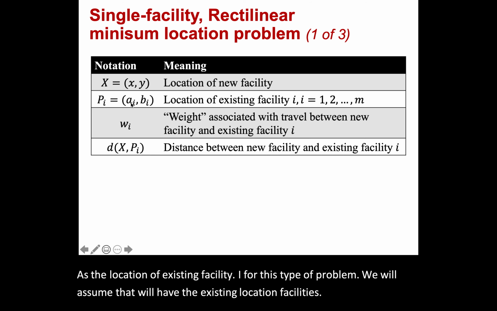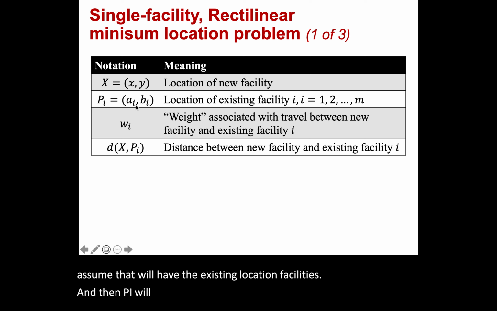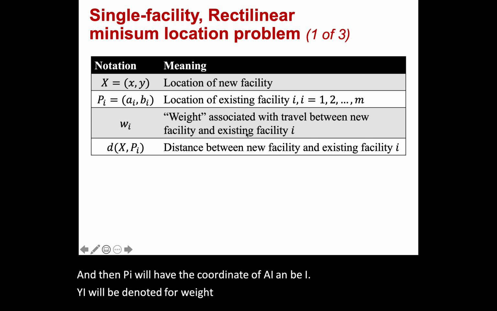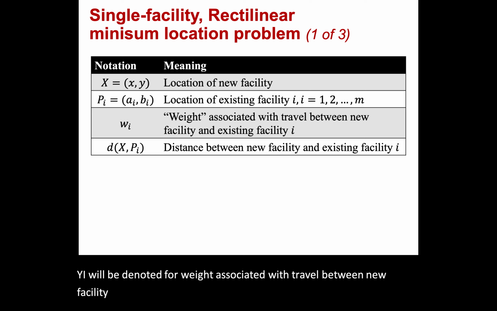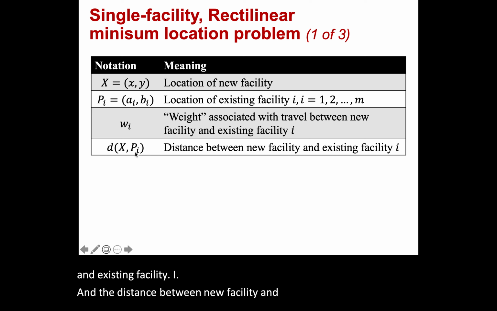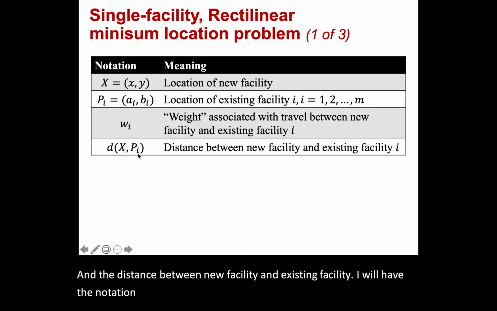And Pi will have the coordinates ai and bi. wi will be denoted for the weight associated with travel between the new facility and existing facility i. And the distance between the new facility and existing facility i will have the notation d(X, Pi).